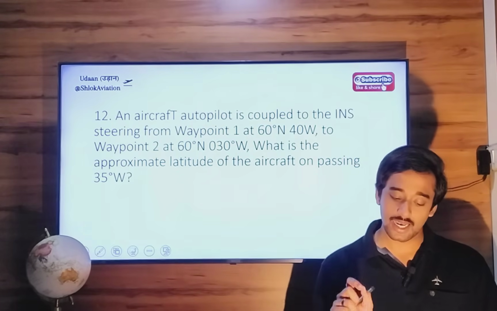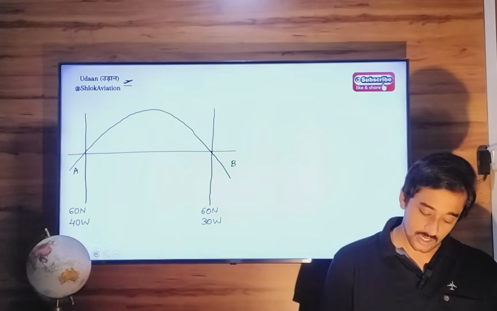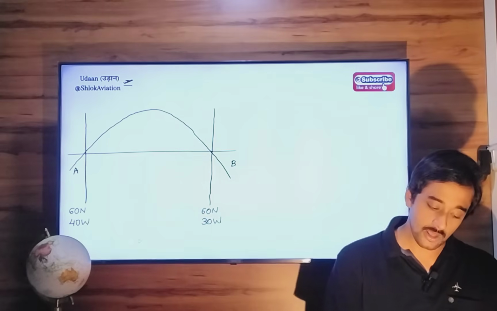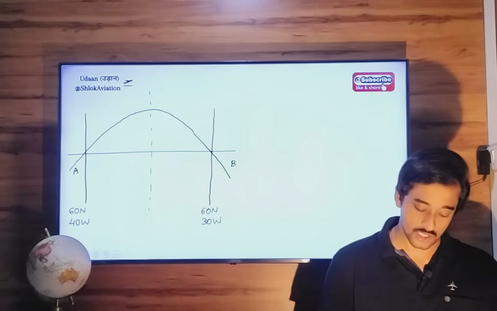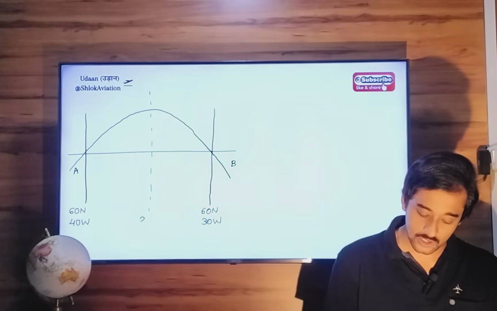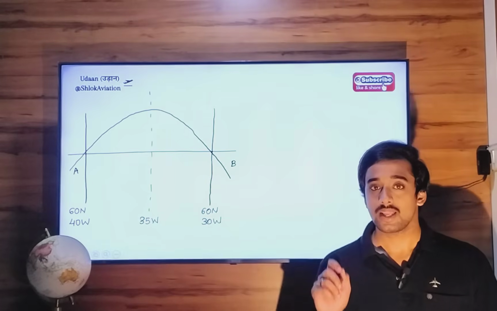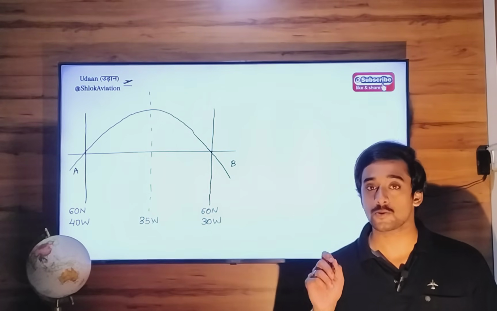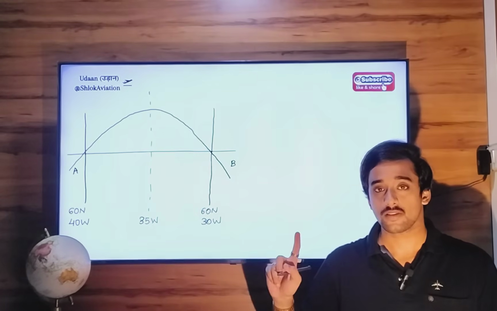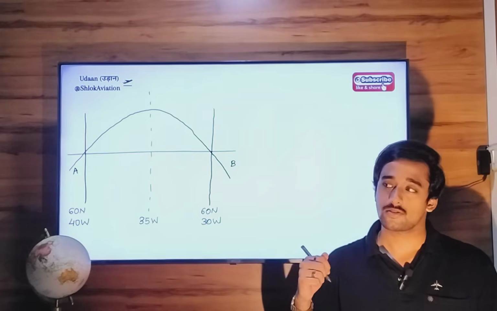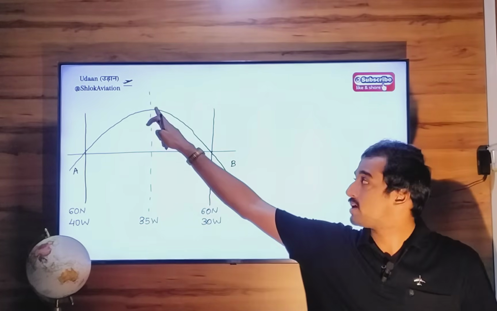What is the approximate latitude of the aircraft on passing 35 west longitude? Now 35 west longitude will be between 30 degree west and 40 degree west. So 35 west longitude will be somewhere here. We have to find the latitude of this position.